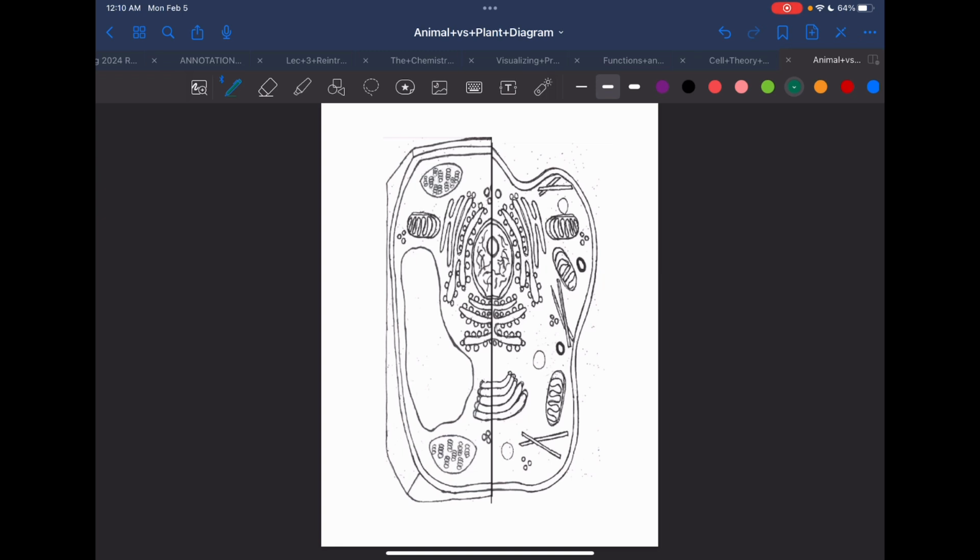The left side is going to be a plant cell, and the right side is going to be an animal cell. And we as humans are considered animals, so our cells are going to look more like the right side, right? And so the purpose of this diagram is to show you guys a comparison between the plant and the animal cells, right?